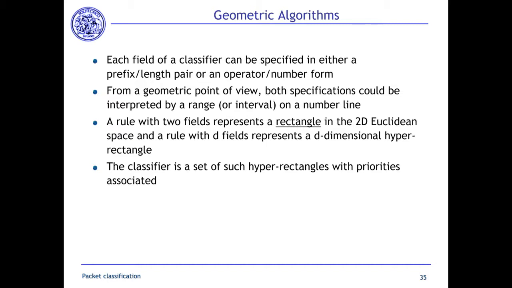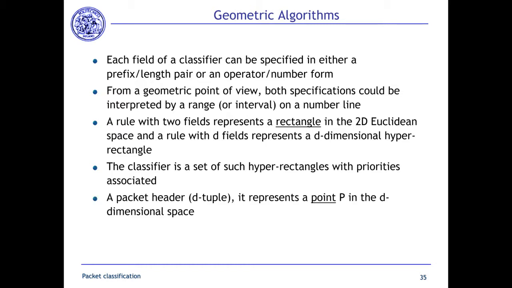So in this d-dimensional Euclidean space, you have these hyperrectangles. Sometimes they are intersecting each other, sometimes they are not intersecting. But in any case, the classification process translates into a geometric problem. The incoming packet has a header, and the header has d fields, each one with a specific value.